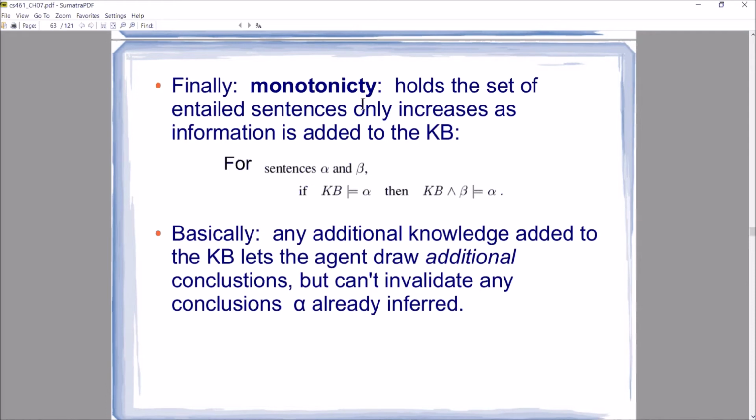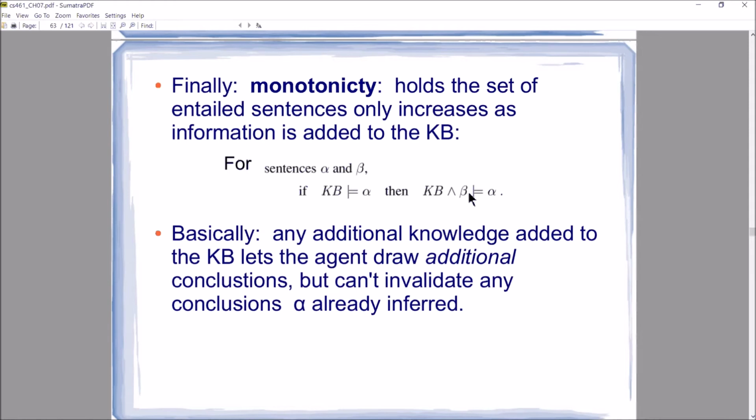So, for example, if you have any sentences alpha and beta, and your knowledge base entails alpha, then adding beta, the knowledge base that you had plus the new sentence beta, is still going to entail alpha. Any knowledge that you add to your knowledge base is going to let the agent draw more conclusions.